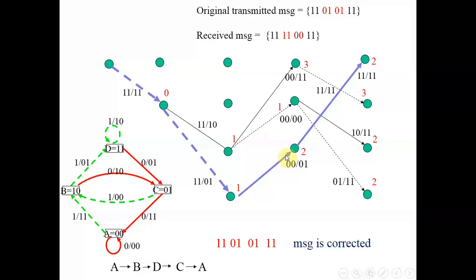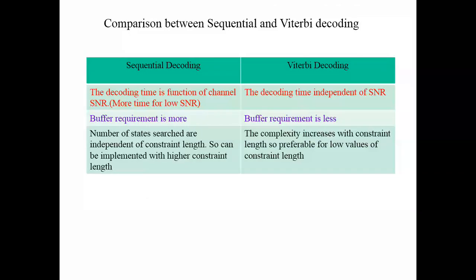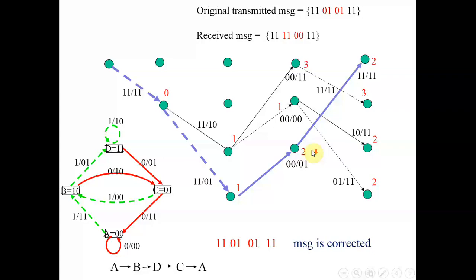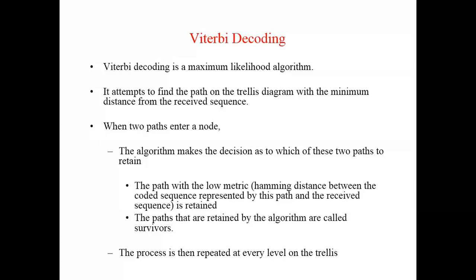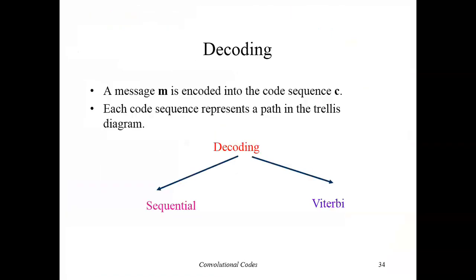Because with a greater constraint length, you have more stages, so you will have more eliminations, right? So this is preferred for low values of constraint length, but it is a popular algorithm compared to sequential decoding because the buffer requirement is less and your decoding time is independent of how many bits are in error. So that is the video in which we discussed sequential decoding and Viterbi decoding.